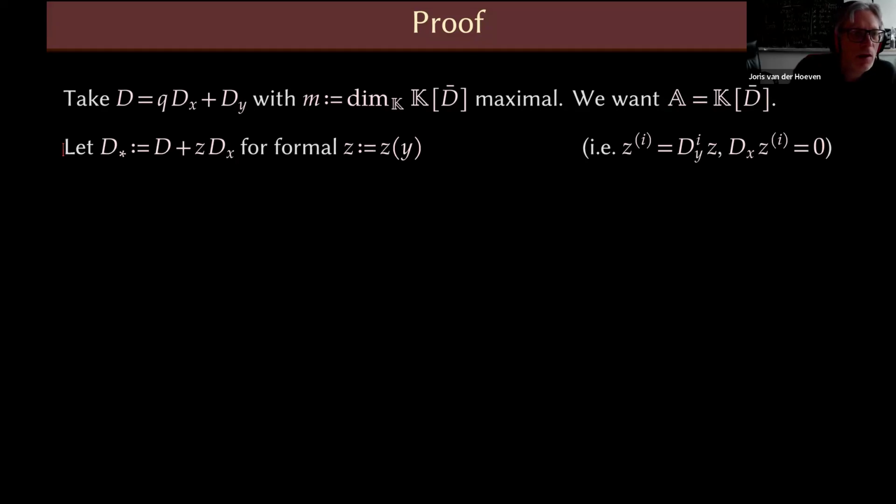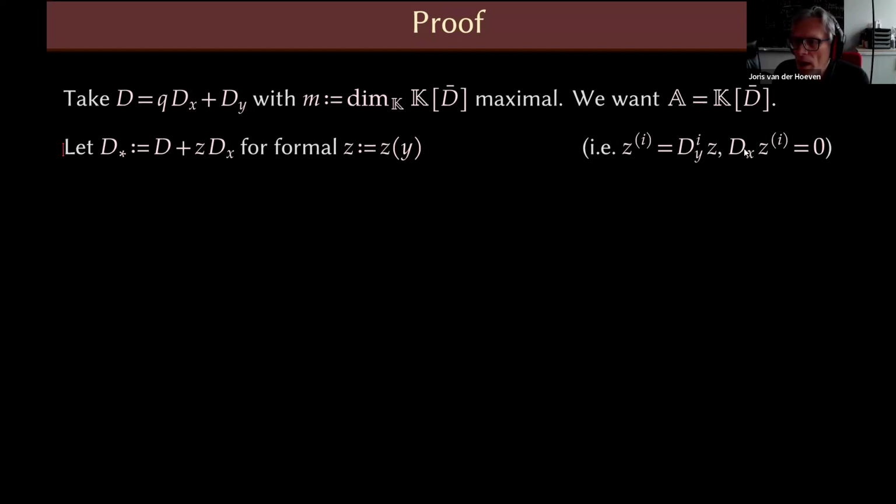For this, let's introduce another derivation, which is d plus something else that I don't know yet, times dx. So if it does not generate everything, I have to adjust this q. So I'm going to add something z. And for the moment, I'm just considering z to be some formal differential indeterminate in y. So it's differential, so it does not depend on x.